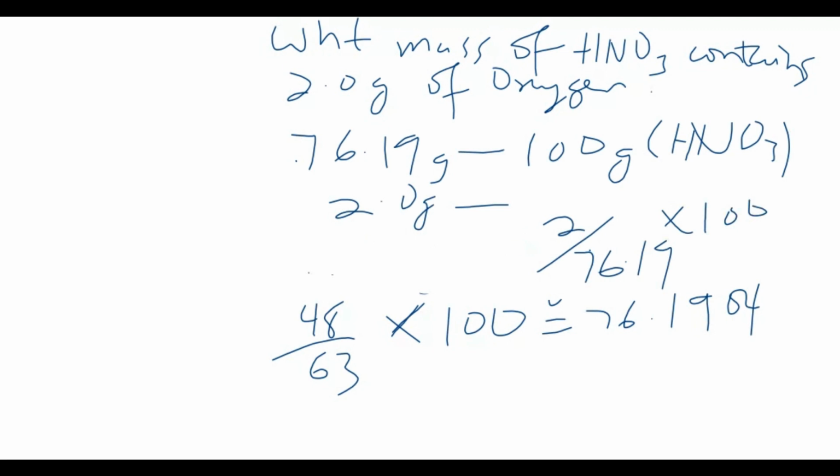When we do that, let's see what we are going to get. 2 divided by 76.19 times 100. So you're going to get 2.625, or 2.63 grams.